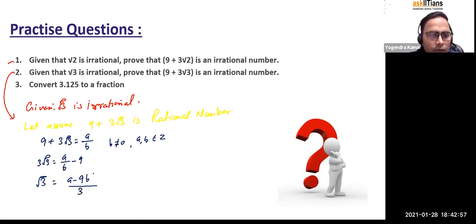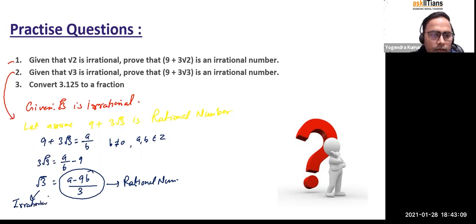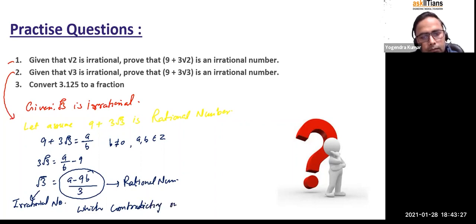Now this is a rational number, because it is made of integers, but this side is an irrational number. So it is never possible, right? As I told, irrational cannot be equal to rational. So that's why this is contradicting our assumption, right?